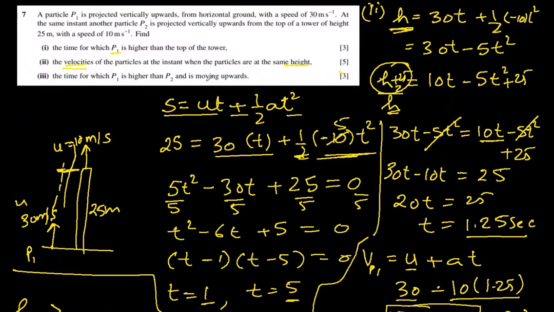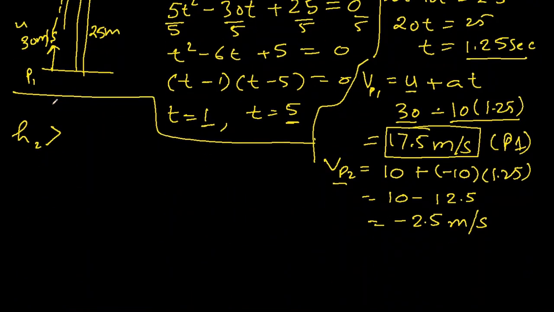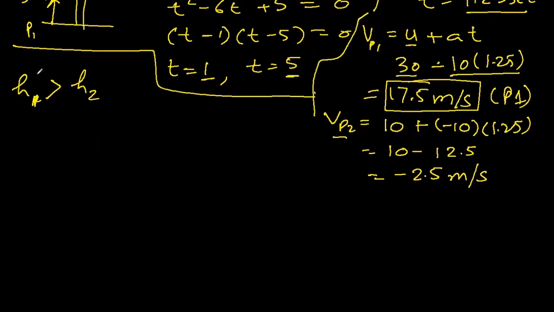P1 is higher than P2 and is moving upwards. So H1 is greater than H2. And the second condition is that P1 should be going up. We can take a hint from the question we did earlier. We saw that P2 is going down and P1 is going up.